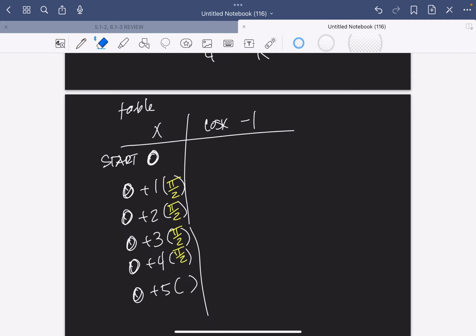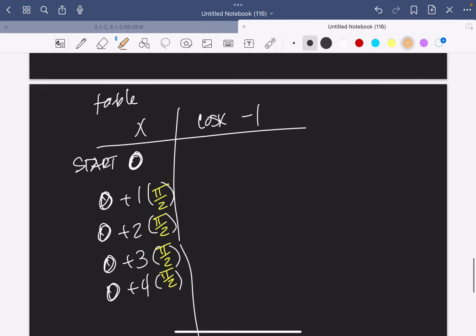Oh, we don't take 5 steps. Let me erase that. My bad. Right? So here's your starting point. And then again, we take 1 step of size pi over 2, 2 steps of size pi over 2, 3 steps, and then 4 steps.